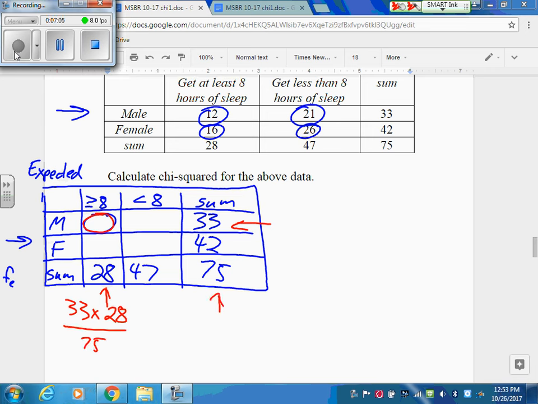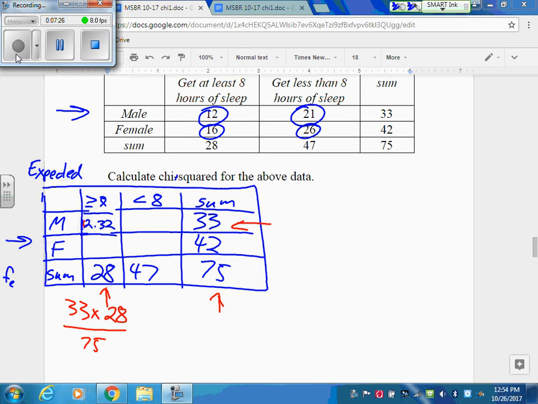And a calculator is going to be really helpful here. And I'm going to get 12.32. So I'm going to try to squeeze that in right here. 12.32.